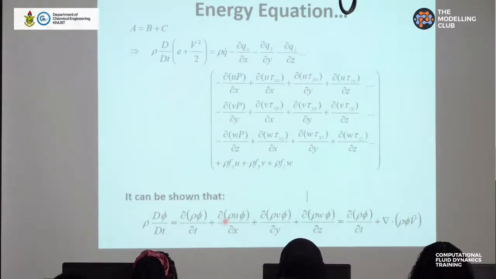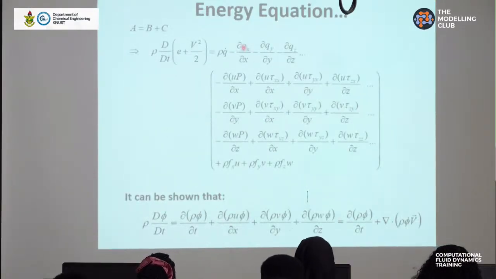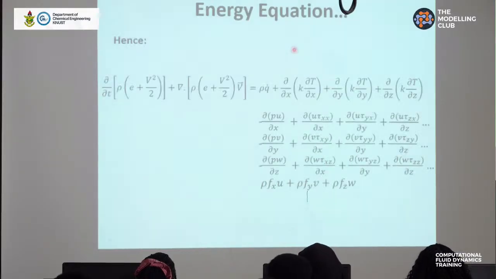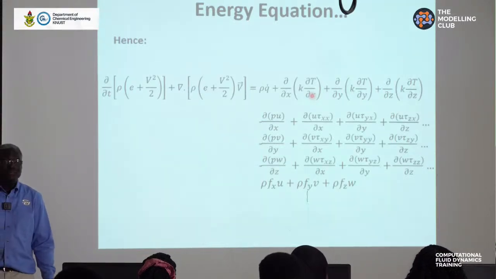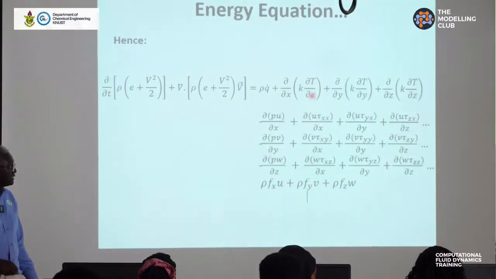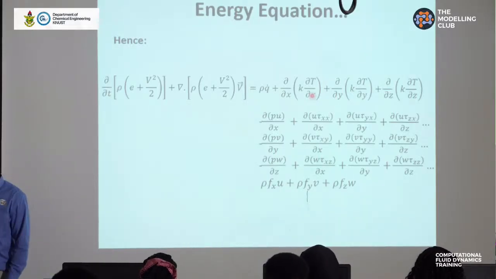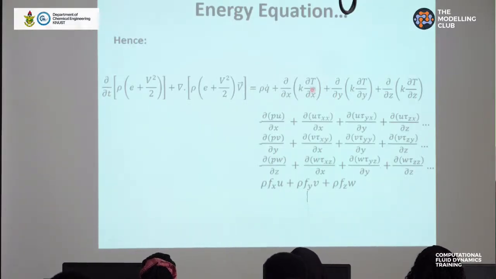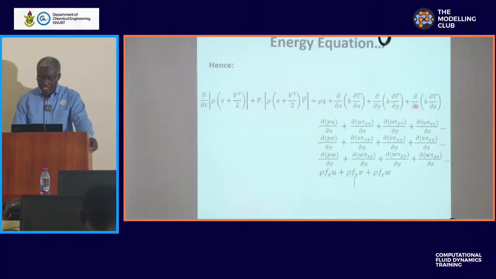And then note that the Q term here, Qx, Qy, and Qz, has been replaced by K delta T dx, which is what law? Fourier's law, Fourier's law of heat conduction. We introduced Fourier's law of heat conduction in the 3 dimensions.